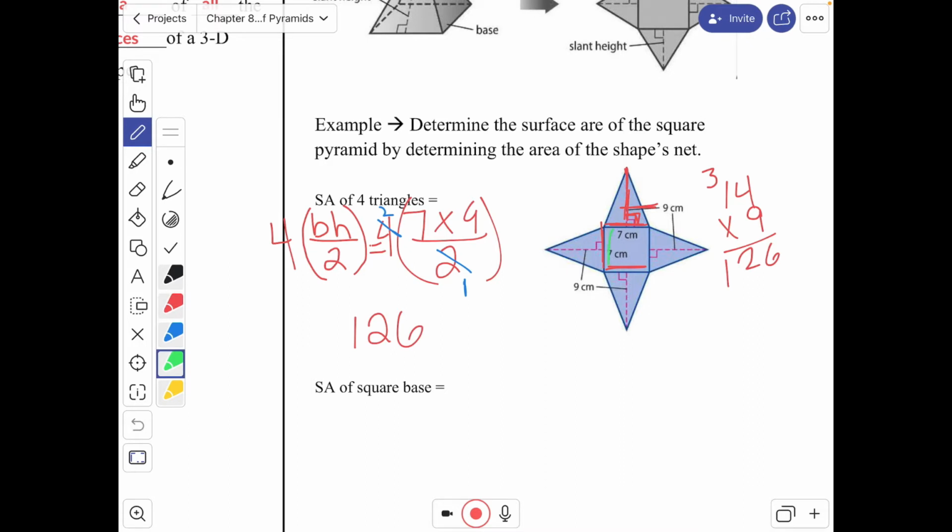Now we need to find the area of the base. The base is the rectangle, and the rectangle formula is base times height. And since it's a square, that means all the sides are the same. So the base is 7 and the height is 7. And 7 times 7 makes 49.